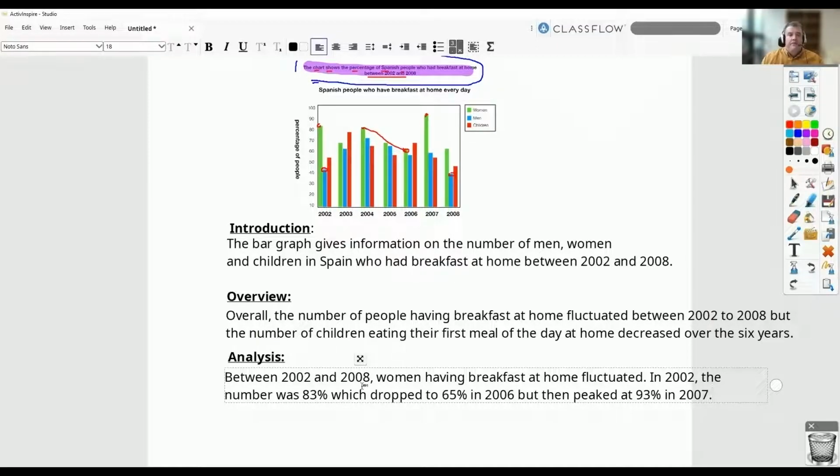So: between 2002 and 2008, women having breakfast at home fluctuated. In 2002, the number was 83%, which dropped to 65% in 2006, but then peaked at 93% in 2007.